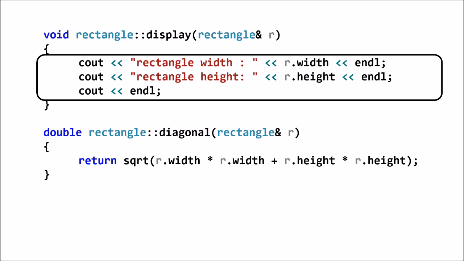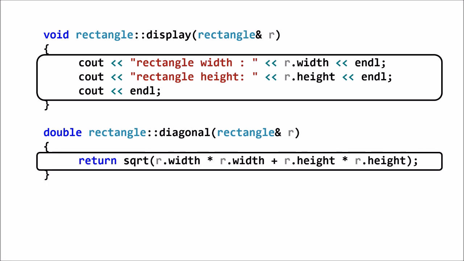So the individual data members are referenced using the dot operator. We have the object name, which is r, the local variable name for that object, the dot operator, and then that's followed by the data member, either the width or the height in this case.